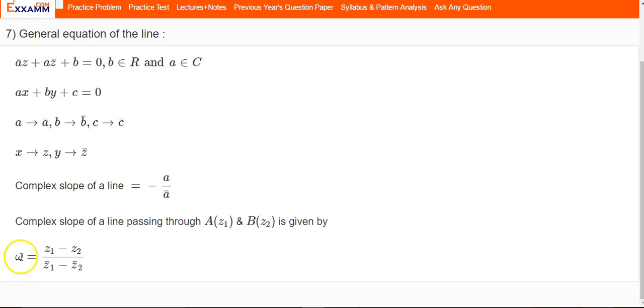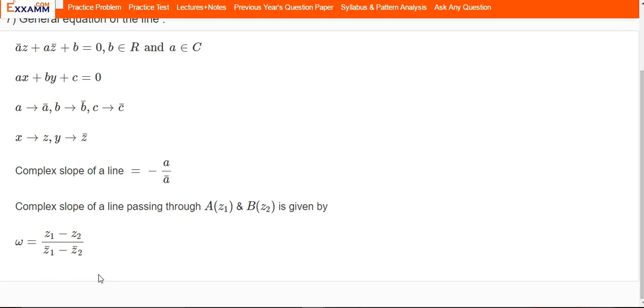It is just another way to denote a complex number rather than z. So omega is equal to (z1 minus z2) upon (z1 bar minus z2 bar). In coordinate geometry it was (y2 minus y1) upon (x2 minus x1), but here it is (z1 minus z2) upon (z1 bar minus z2 bar).